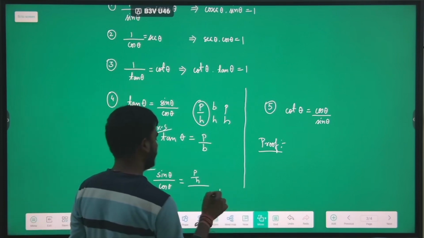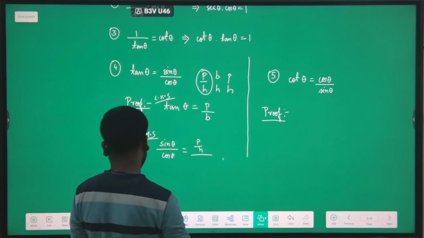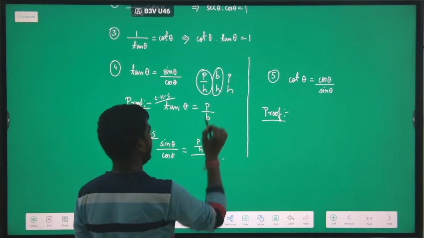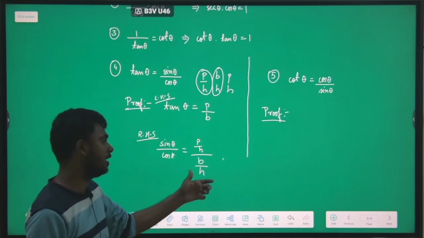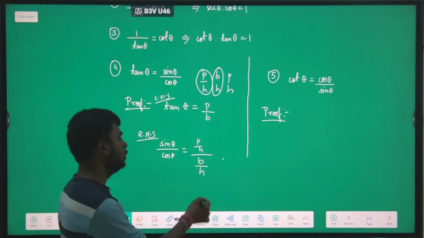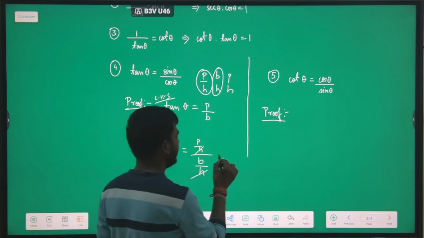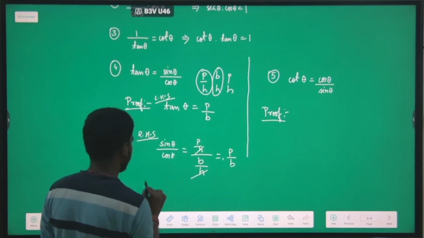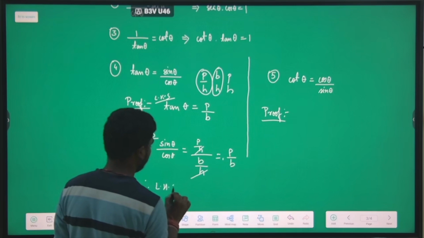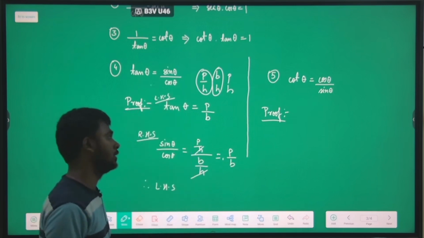And cosine of angle theta will be B upon H, base upon hypotenuse of that triangle. So this hypotenuse will be cancelled and we will get the value as P upon B. So our LHS is now equal to RHS. This implies tan theta is equal to sin theta upon cos theta.